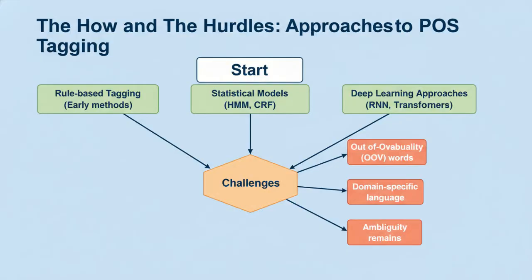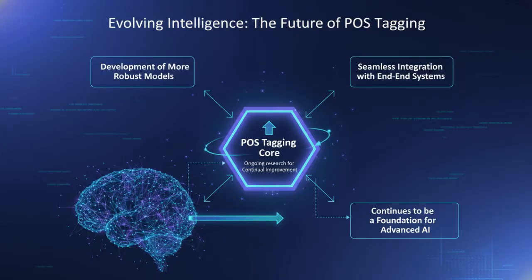In conclusion, part of speech tagging, while seemingly a basic step, is an incredibly powerful and indispensable tool in the world of NLP. Its role as a foundational layer for understanding language means it will continue to be relevant and evolve. As AI systems become more sophisticated, POS tagging will integrate even more seamlessly into end-to-end learning models, becoming an implicit rather than an explicit step.